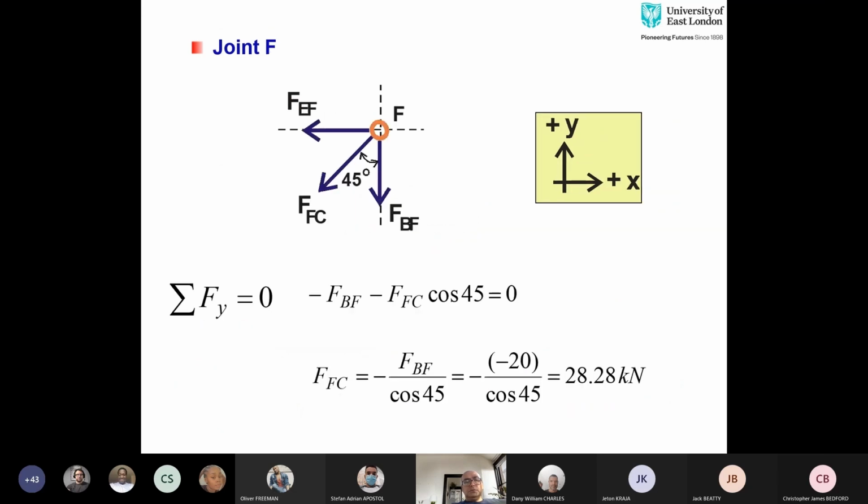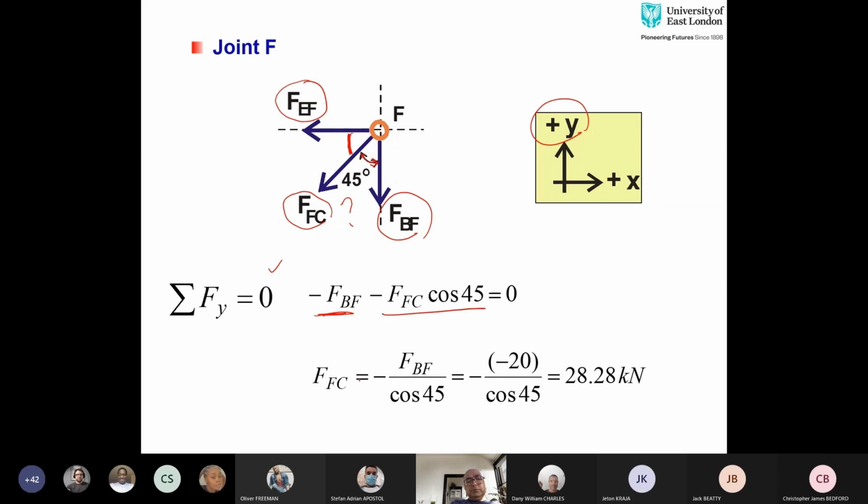So let me move to joint F now. I have three members connected. F was the corner point towards the right. You have FEF and you have FBF. I think both of them are known. FC is not known. So if I say summation of vertical forces equal to 0, FBF is acting downwards, which is against the positive direction, and then FFC cos theta, that is the vertical component, is downwards as well.